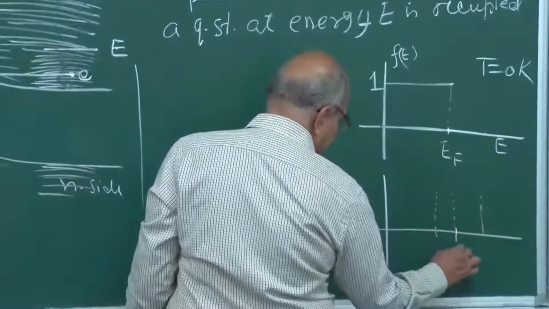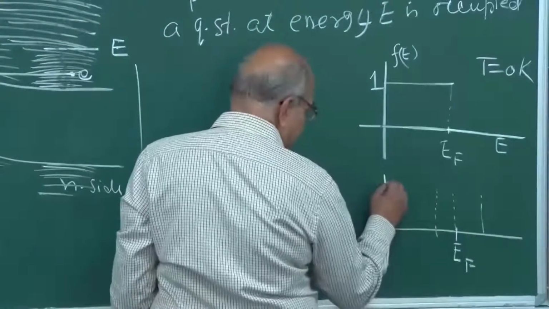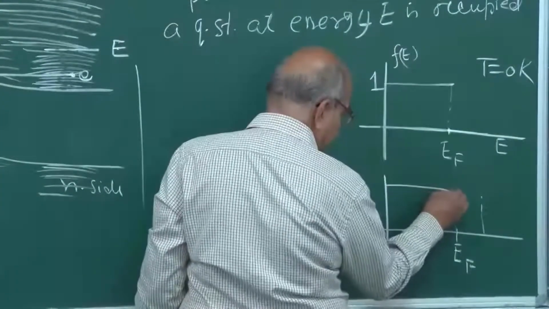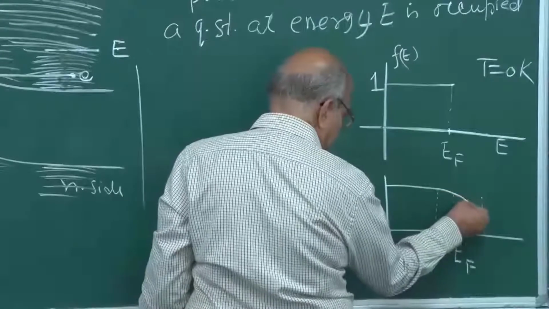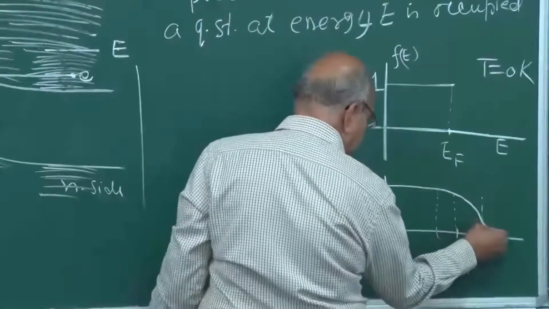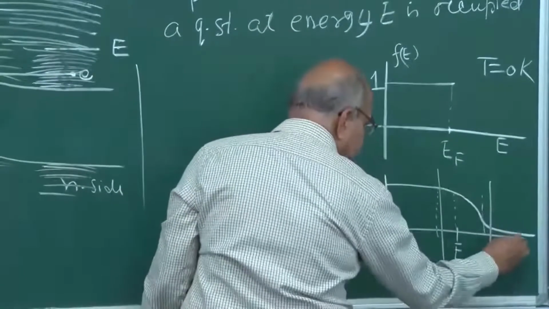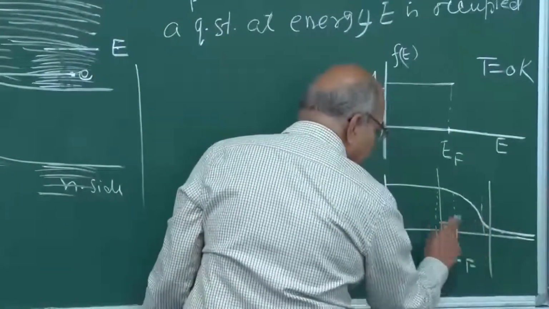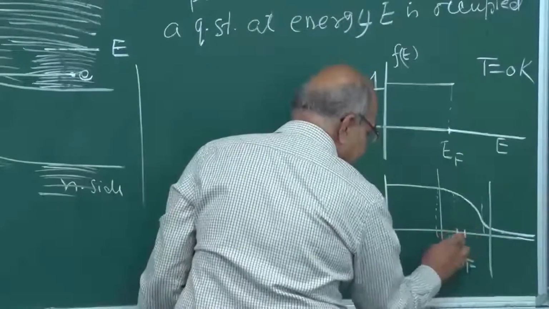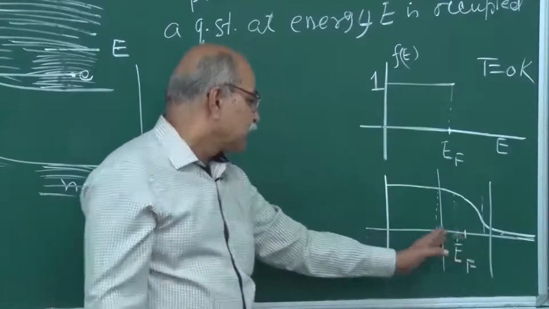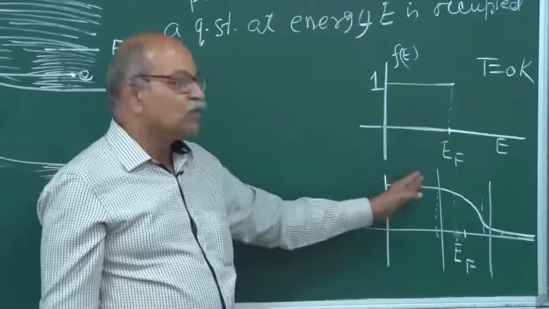So if this is EF, then the function looks like this. So it's again close to 0 much beyond this EF, and well before this EF it is almost 1.